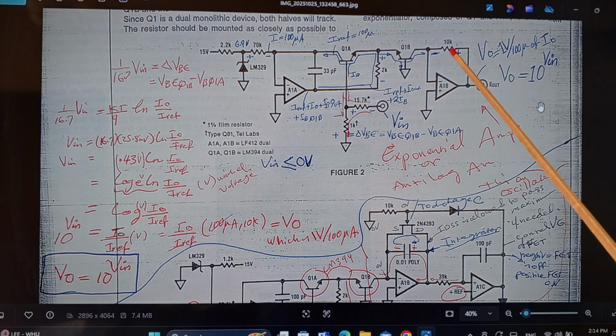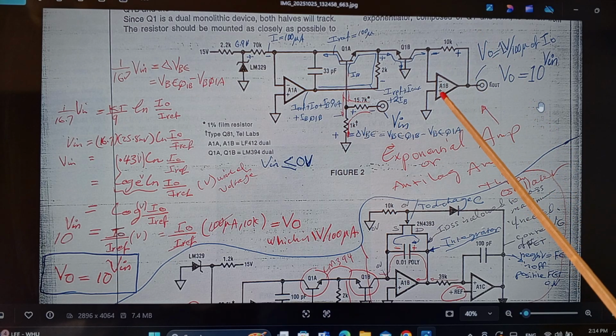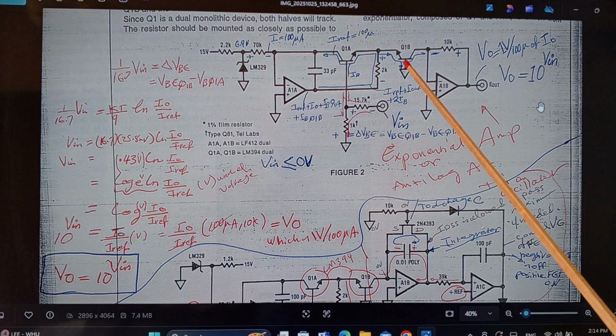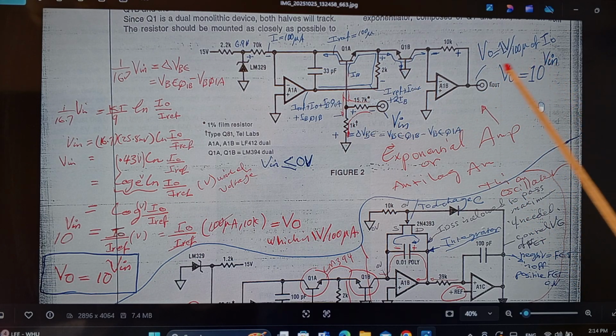And you get your other op amp in here, which is the A1B, that converts the current that was generated by Q1B back to a voltage. And you get your output in here, which is VO equal 10 to the power Vn.